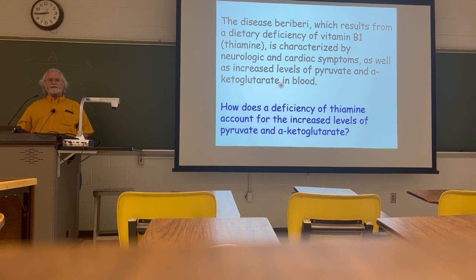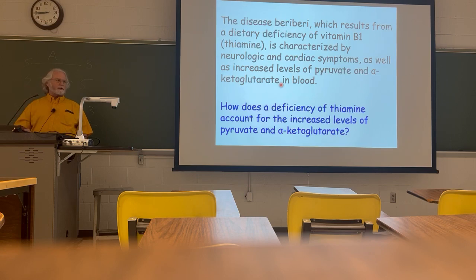In the citric acid cycle. Alpha-ketoglutarate dehydrogenase. Alpha-ketoglutarate dehydrogenase also has the E1, E2, E3 components and carries out a similar reaction as pyruvate dehydrogenase. It's a decarboxylation reaction and an oxidation. And that enzyme in its E1 component also has a thiamine pyrophosphate.